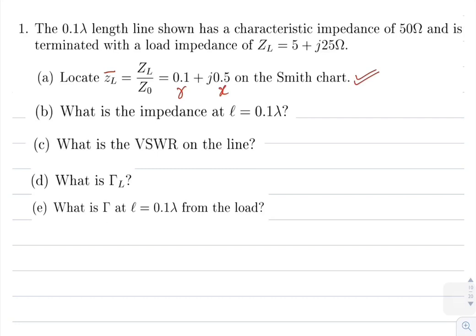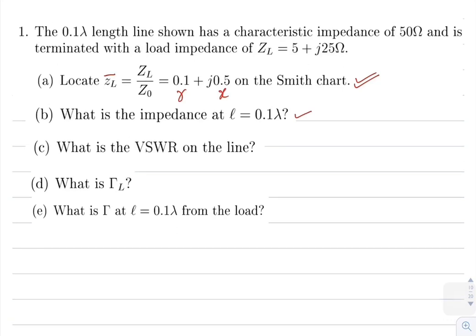Second one, what is the impedance at L equal to 0.1 lambda? We know that traveling a distance of lambda on the transmission line is equal to traveling 720 degrees on the Smith chart. The question is impedance at a length of L equal to 0.1 lambda.